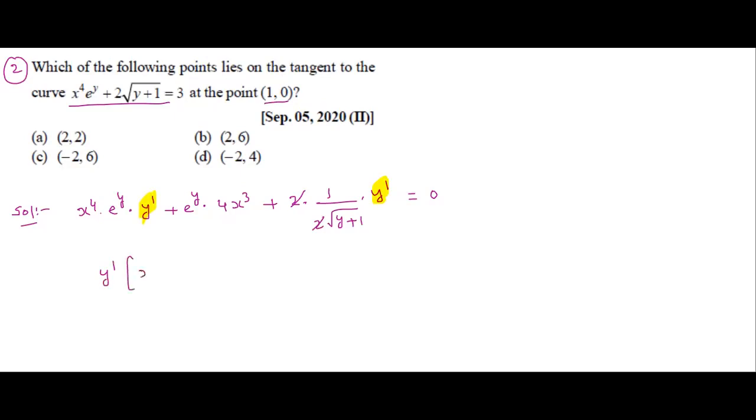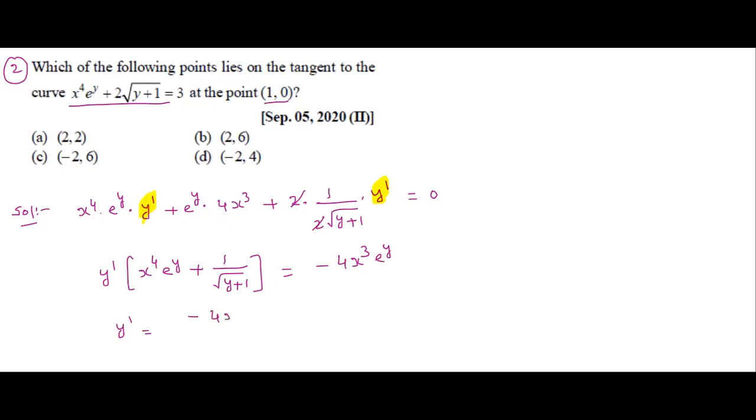Then what is remaining? x power 4 e power y plus 1 by root y plus 1, that is equal to remaining terms on right hand side, minus 4x cube into e power y. Now y dash, how much?